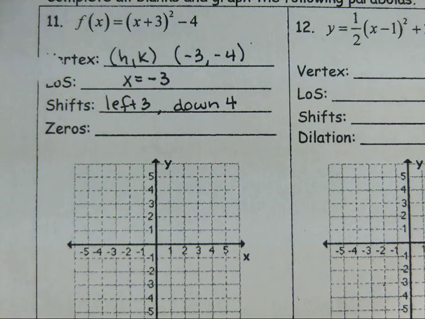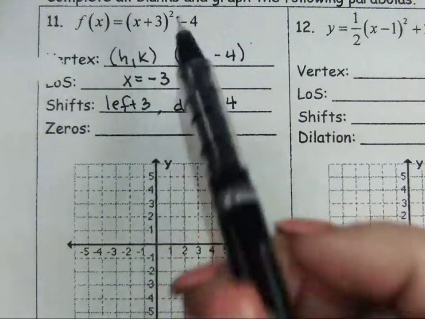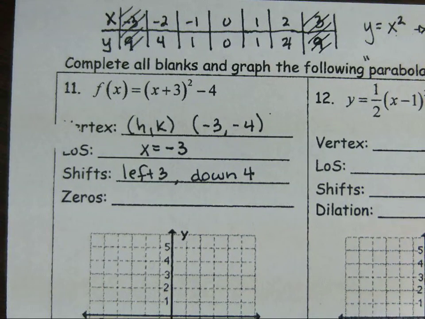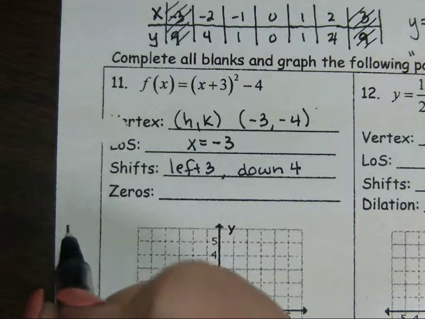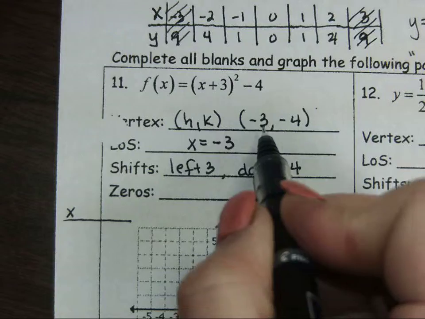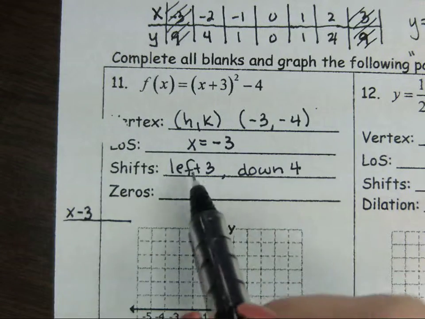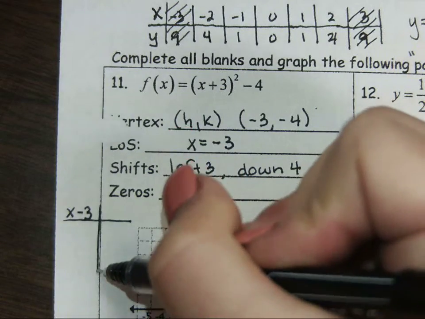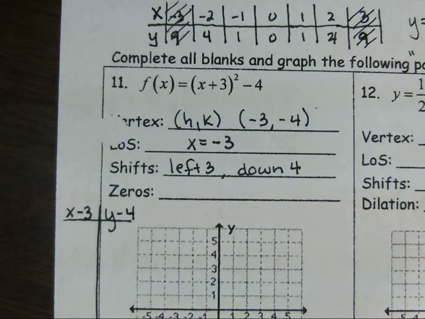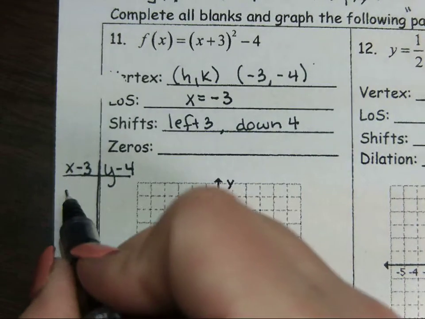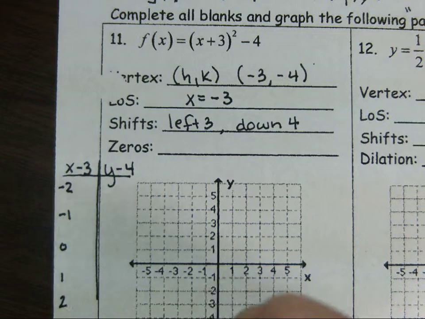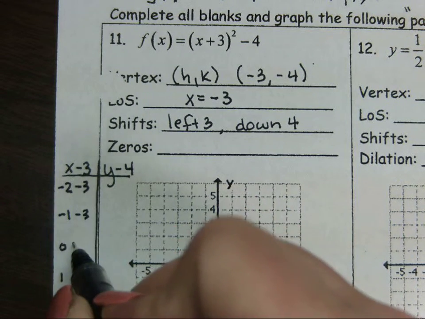So I'm going to make my graph. And since this has a shift to it, I need to think about how I'm going to change all of these coordinates. So I'm going to make a little quick in-out table onto the side here. All right. So my x, I'm going to have to move all of my x's to the left by 3. And these shifts will help you in creating your in-out table. And to all the y values, I need to move down by 4. Right. And so my normal x values, and then I'm going to have to subtract 3 from all of these.